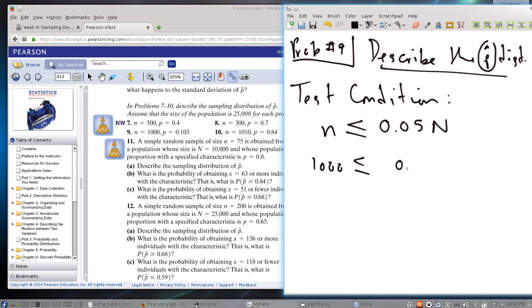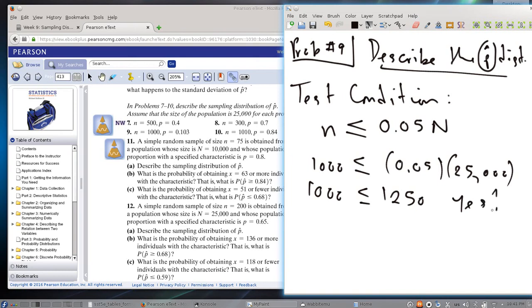So we take 0.05 multiplied by 25,000, and that gives us 1250. So you have 1000 less than or equal to 1250. Is that true? Yes, it is true.